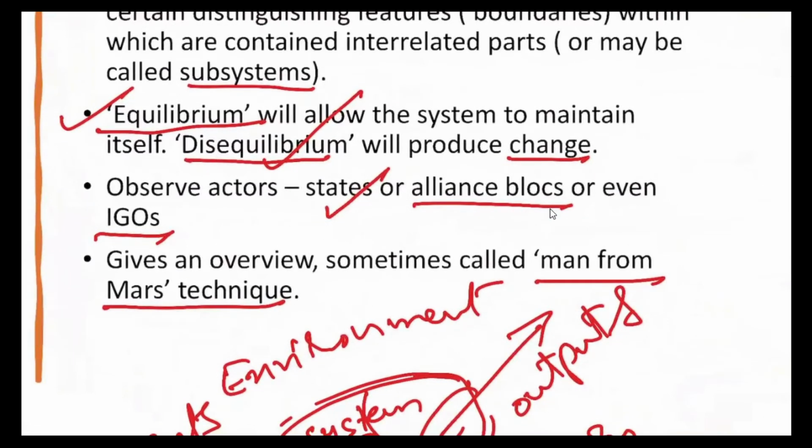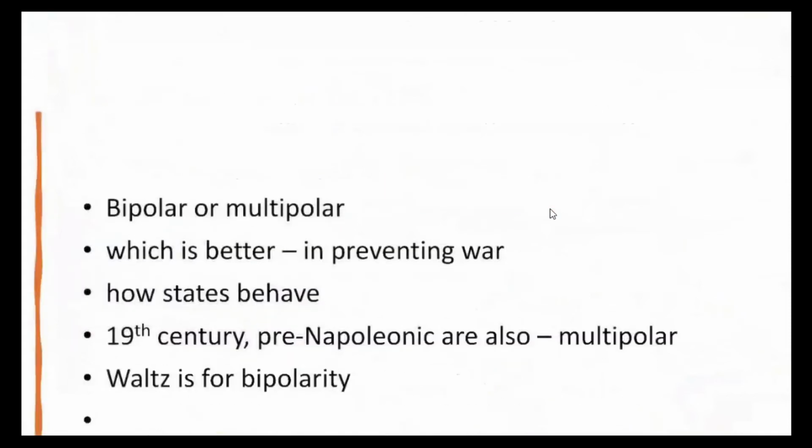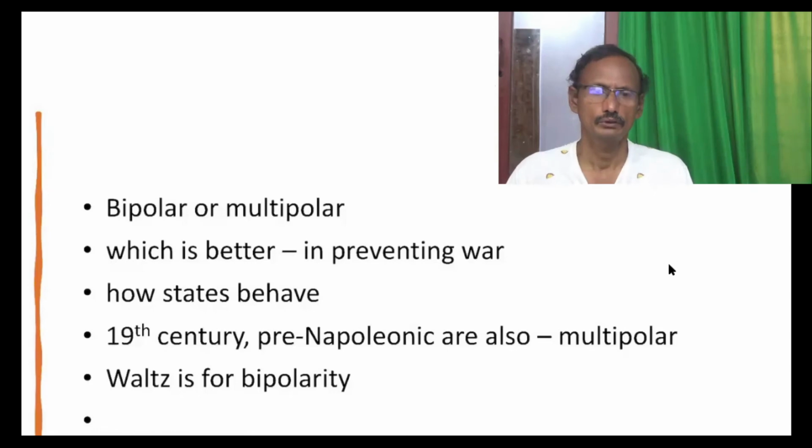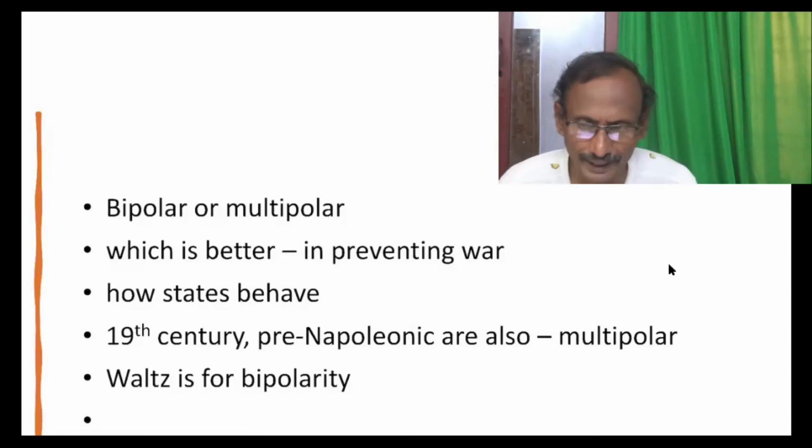Then what international relations scholars did was they tried to build models of international politics. One important issue in international politics is about the polarity of the world.